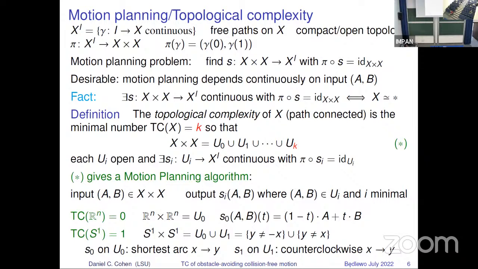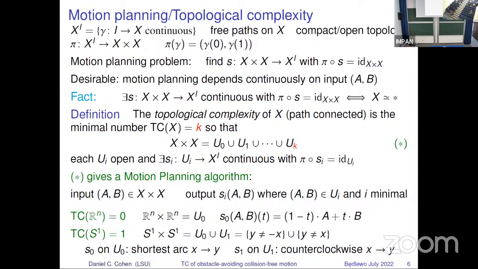Somebody gives you an initial and terminal point pair in your configuration space. You can figure out which of these open sets U_i is smallest containing that pair, and then use the corresponding motion planning rule for that particular U_i. I didn't put it on the page, but you can see the potential discontinuity here.